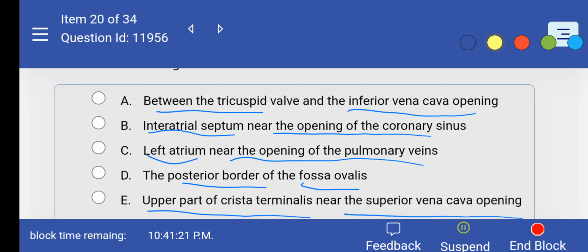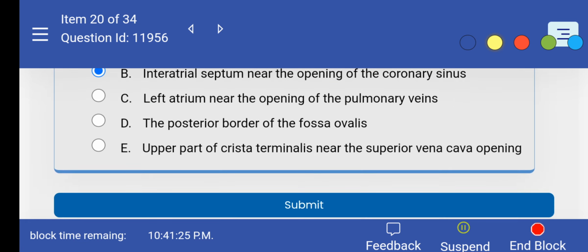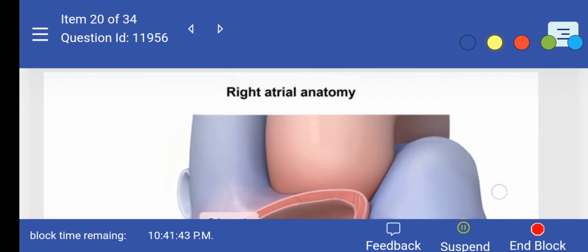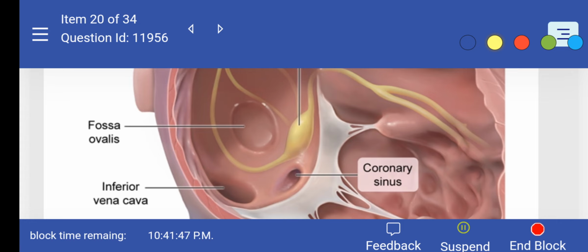And the correct answer for this question is option B, right? Because they are asking about the position of the AV node ablation, right? Now let us see the explanation. So they are asking about the location of the AV node, right, which is close to the coronary sinus and in the atrial septum, right? This is the right atrium, this is the left atrium, right?